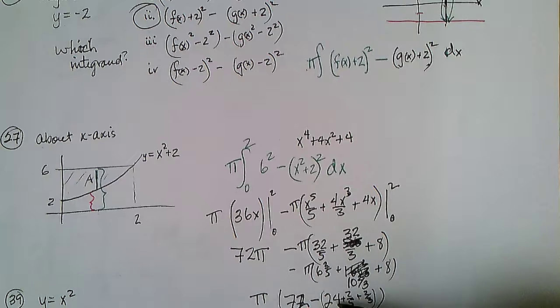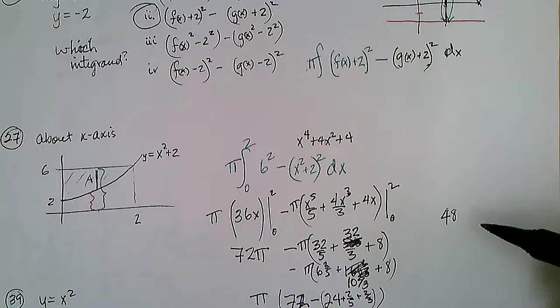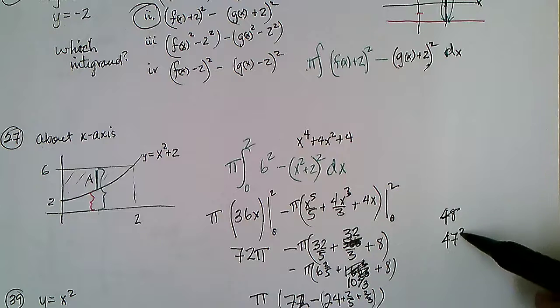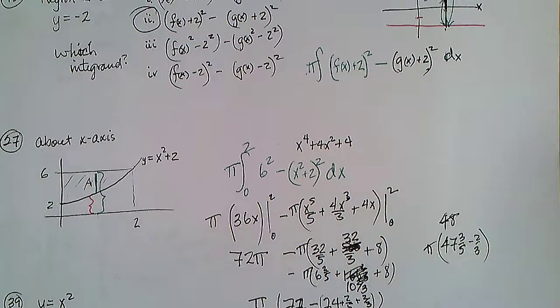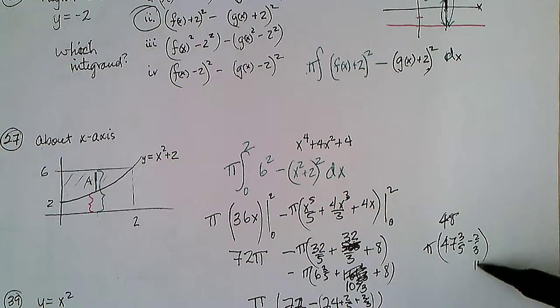So 72 minus 24, that's 68, 58, 48. 48 minus 2 fifths is 47 and 3 fifths, and minus 2 thirds, times pi. 2 thirds is 10 fifteenths. 3 fifths is 9 fifteenths.